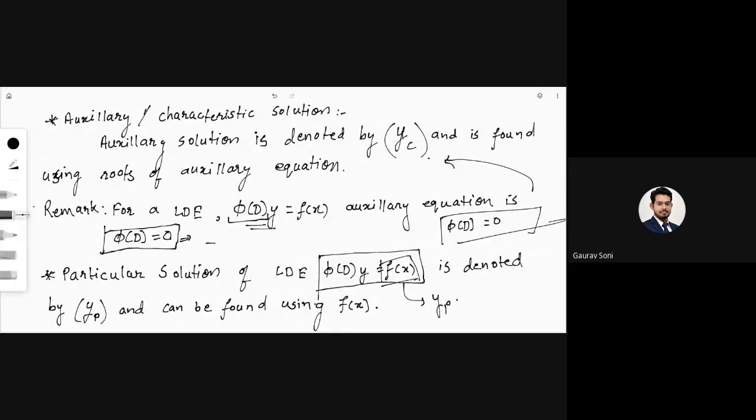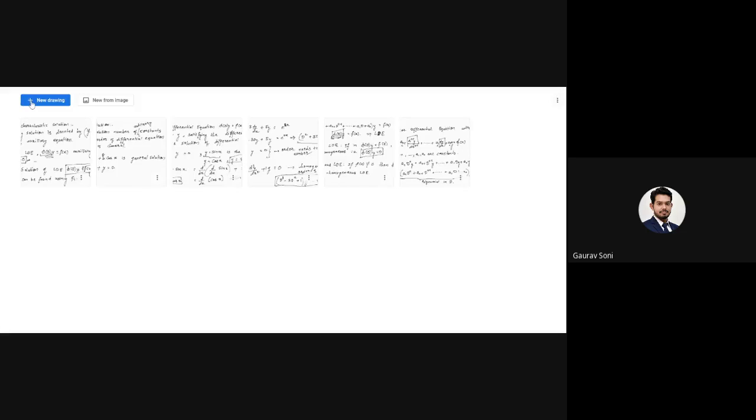Okay, so I will write down the last definition and then I will stop, and the definition is general solution. More than a definition, this is a remark.